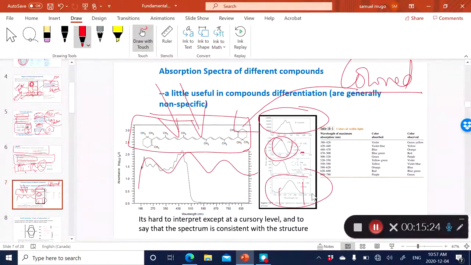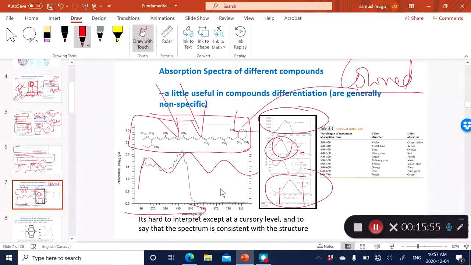As you can see, it's very difficult to find a lot of information sometimes just by looking at a very complex molecule in terms of its spectra, because the spectra seems very undefined. It's just a hump. But we often use the spectra at a very cursory level to differentiate different types of compounds.